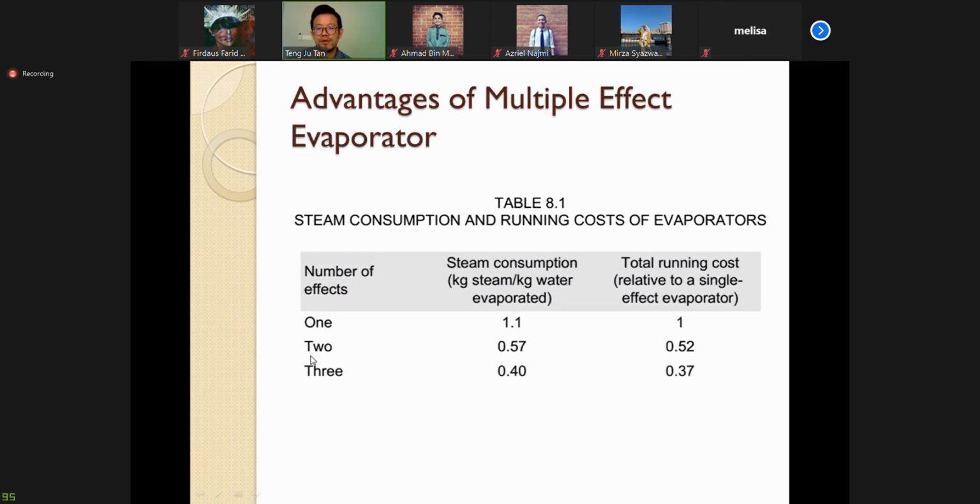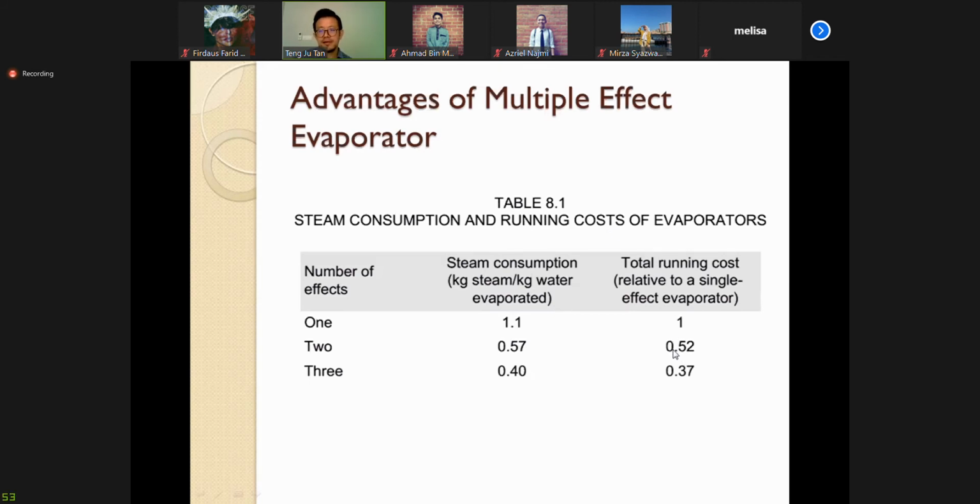Of course, it's 1. When you have two effects, it's found that you only need 0.57 kg of steam in order to remove 1 kg of water. So for 1 kg of water evaporated you use less steam here, so you save a lot of operating cost.